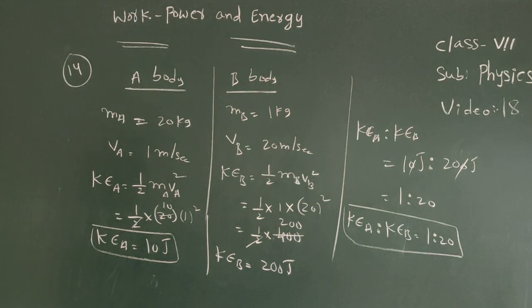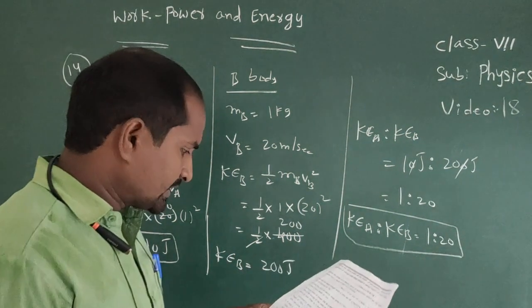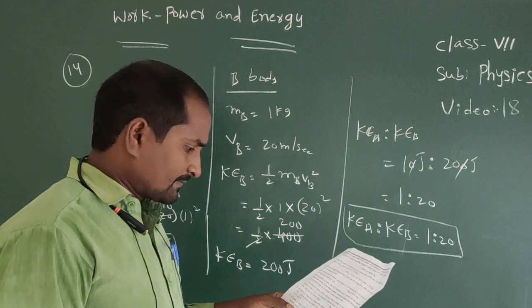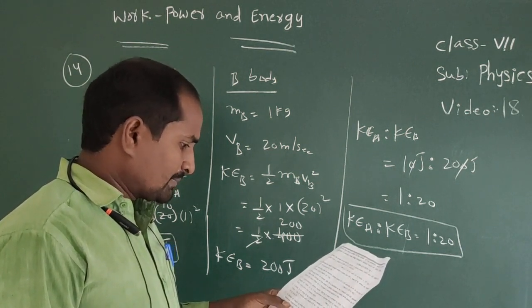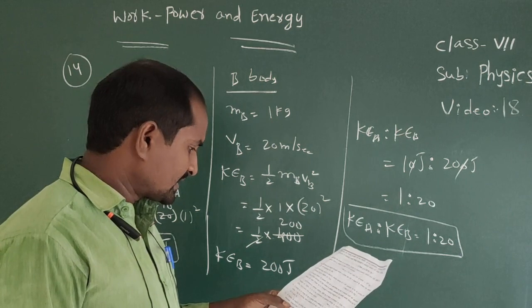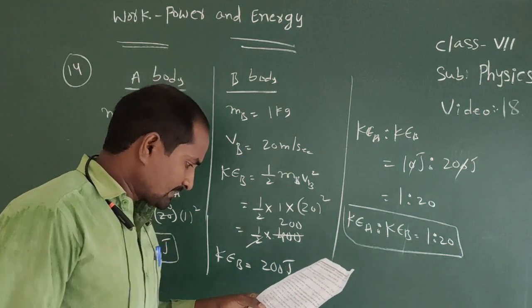Next one, a bullet of mass 0.2 kg moving with a velocity of 200 meter per second hits a stationary wooden target of mass 5 kg.